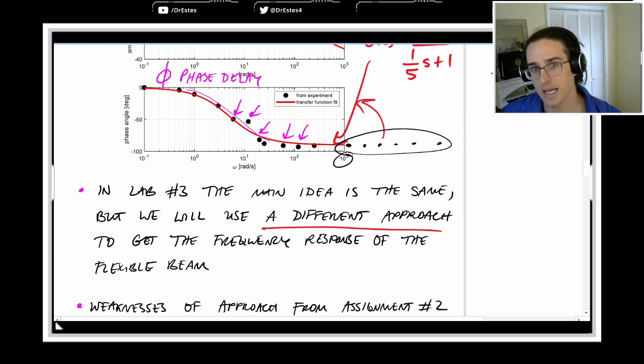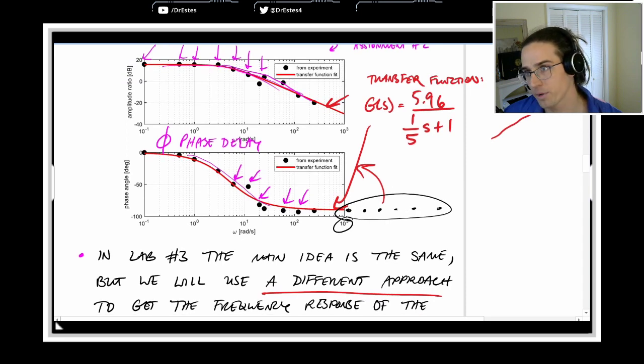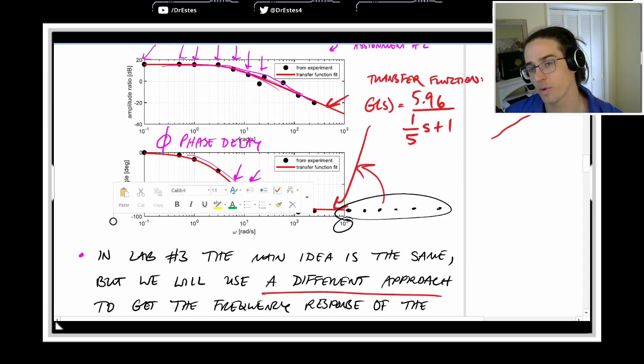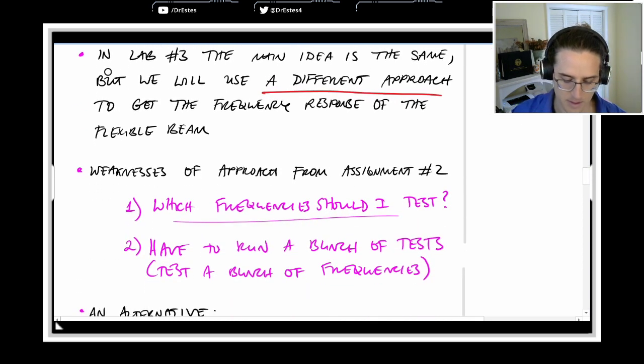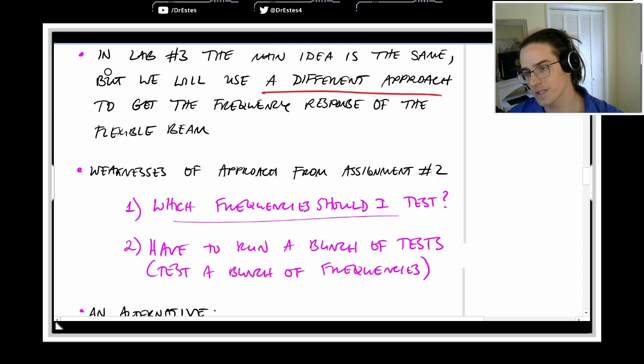And it takes time to analyze each test. And if I want a more accurate depiction, I would have had to run even more tests. So these are the two main weaknesses. You don't know which frequencies you should test in advance. And then even if you have a good idea of the frequency range, you have to run 10, 20, 50 tests, maybe even more in industry.